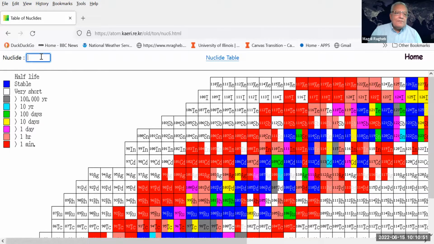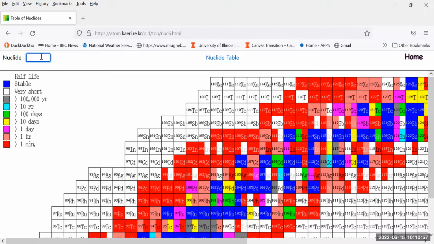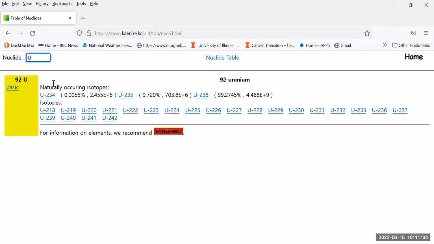The element, the nuclide that is of most interest to us is uranium. So if you go there to the nuclide, uranium, you enter uranium, then press enter. It gives us information about uranium. 92 means it has 92 electrons, as we know, but it gives us information about the isotopes of uranium.